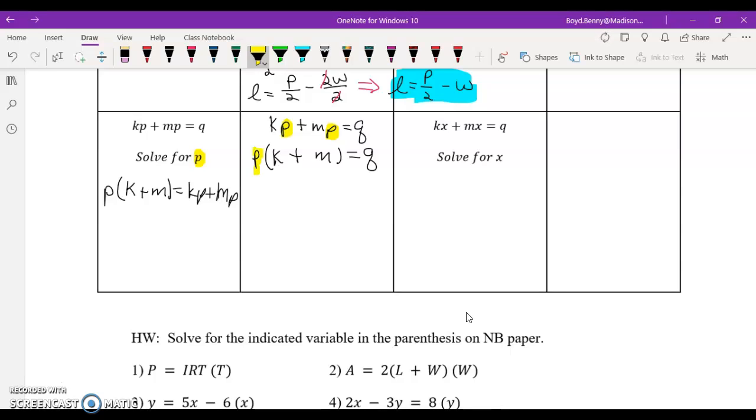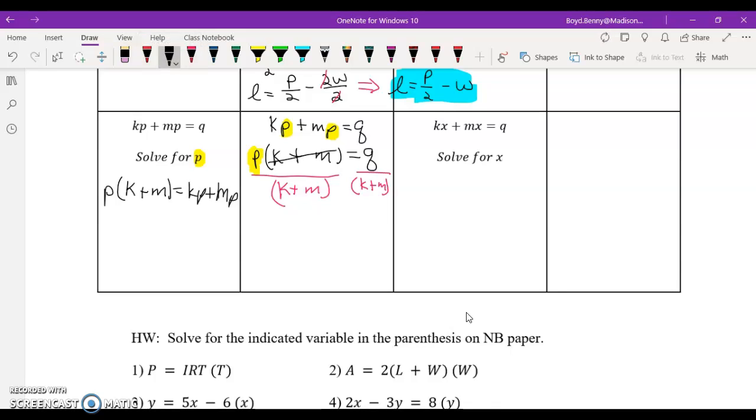Okay, I notice that p is being multiplied by k plus m. Remember, I'm isolating p though, so I don't want to divide by p here. Instead, I want to divide by k plus m. Okay? Now, what do I notice when I do that?